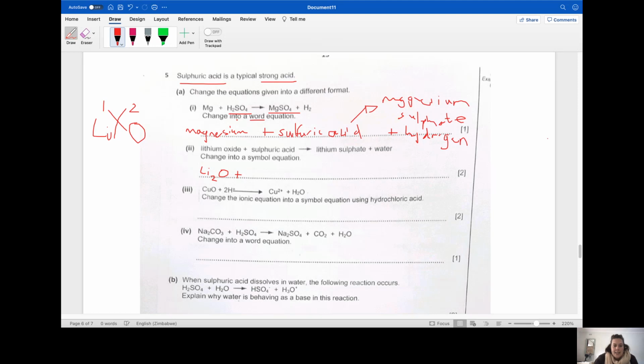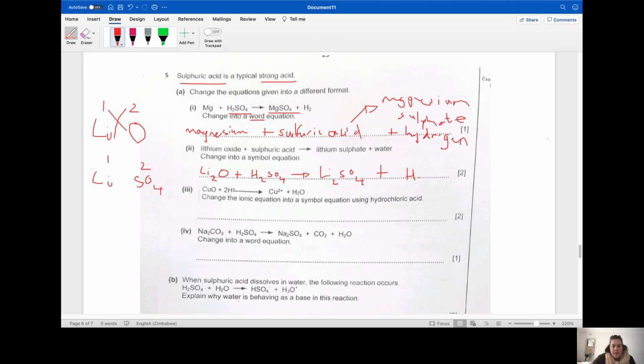The sulfuric acid they've given you here, H2SO4, you should have learned that off by heart. Lithium sulfate. Lithium, group 1. Sulfate you have to learn as SO4 and its valency is 2. So you get Li2SO4.